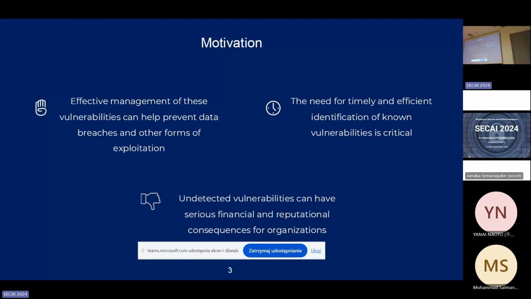And why is it important? I think most of you know this: it can have serious financial and reputational consequences for companies, people, and countries, right? We have seen several examples of this in recent years, in which vulnerabilities that are already known are exploited and create these kinds of consequences.